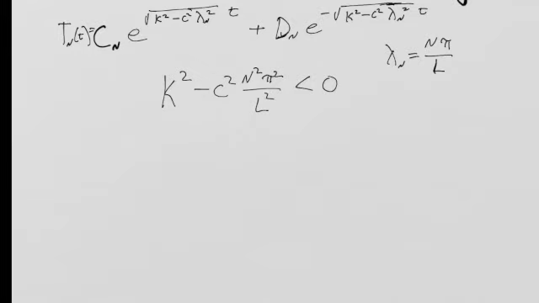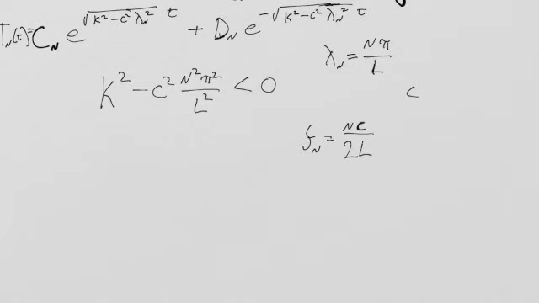And the other thing we want to remember is that the frequency of oscillation for the regular undamped case was equal to n, the harmonic number, times the speed of propagation, c, over 2 times the scale length. And if you remember, c was defined as the square root of the tension on the string divided by the mass density.